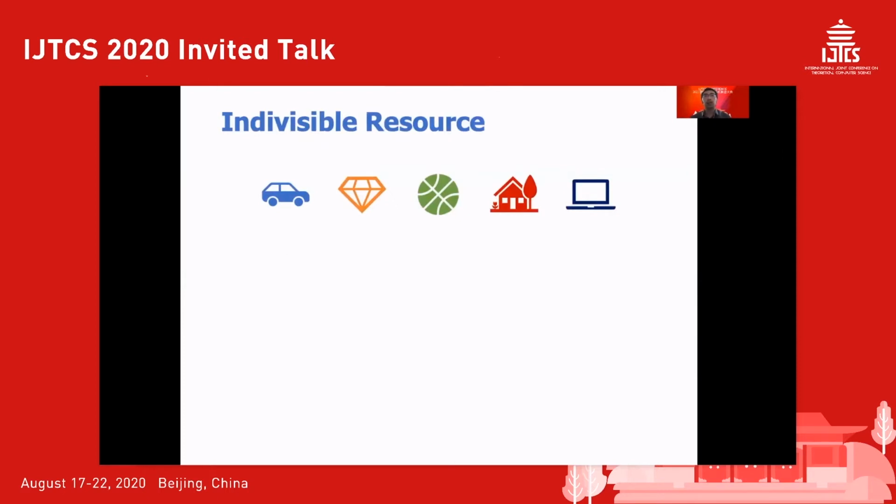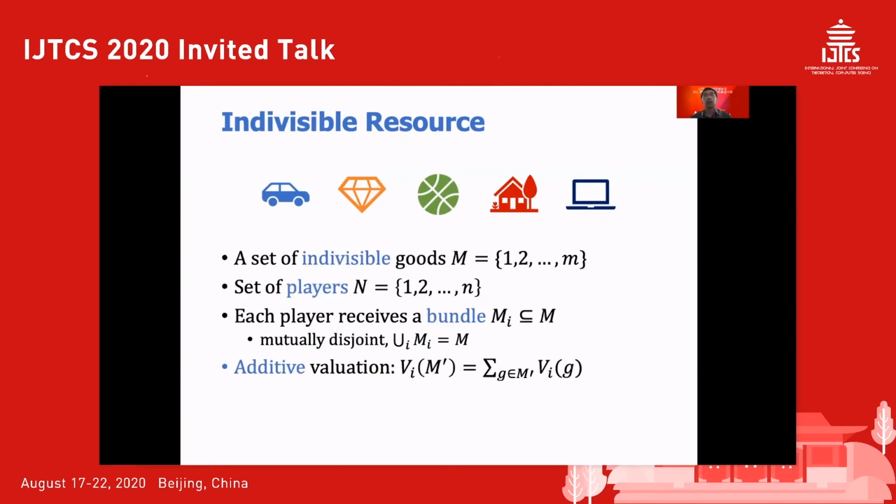Next, we turn our focus to indivisible resource allocation. Here, the resource to be allocated may consist of indivisible items like cars, jewelry, or some artworks. The model here is actually quite similar to that of the divisible resource allocation setting.